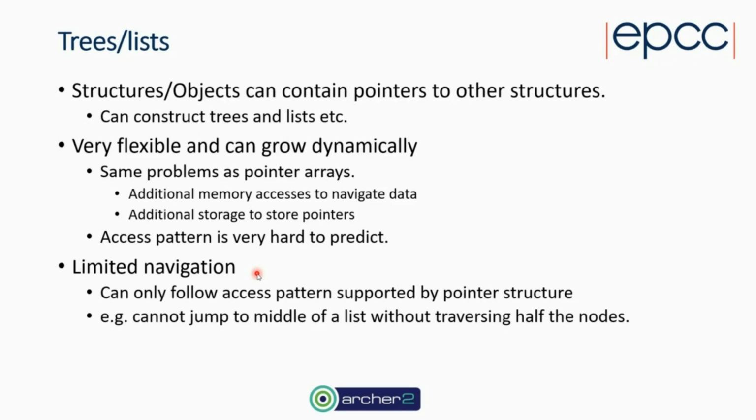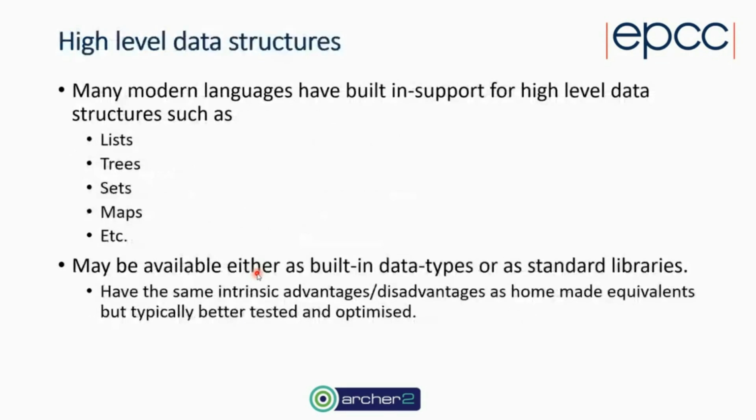You have to find where they are in the list and traverse some sets of pointers to get there, and that costs you something. They're generally also quite hard for the compiler to understand your access pattern, which means you could easily be jumping around in memory and not getting this nice spatial locality which we're looking for reuse in caches.